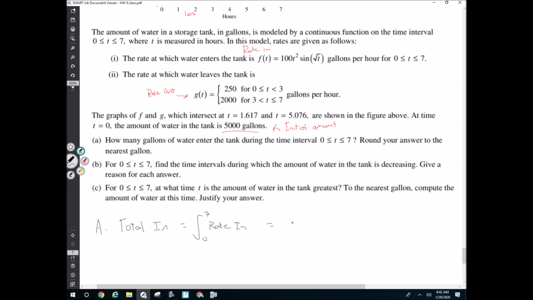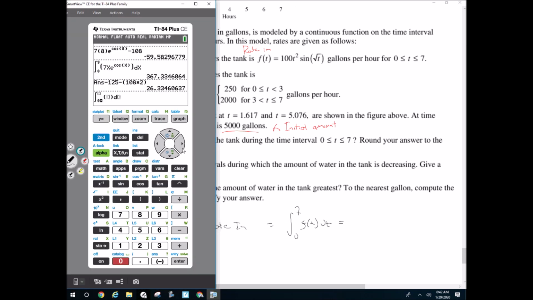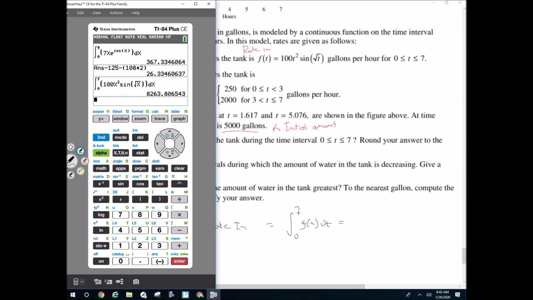That'll give us the total in, which will be 0 to 7 of F. So math 9, 0 to 7 of 100 t squared sine root t. Close parentheses for the sine. Throw the x in there. Okay, so 8,263, round your answer to the nearest gallon, gallons.